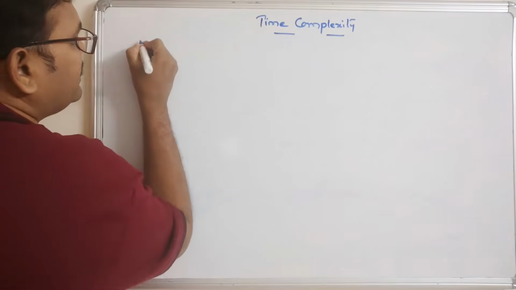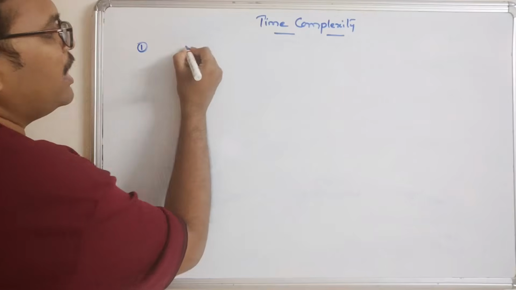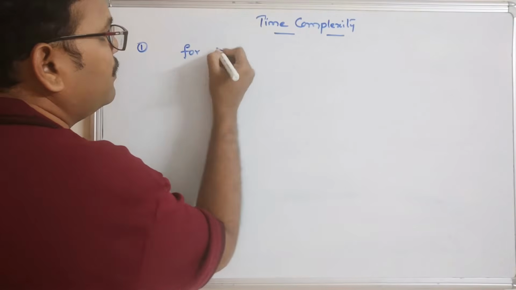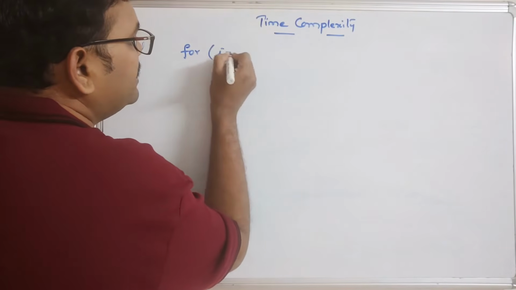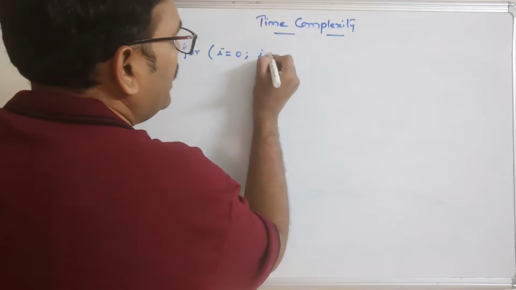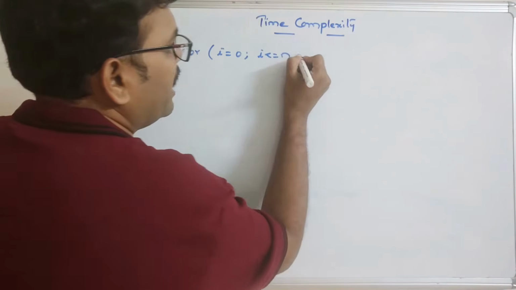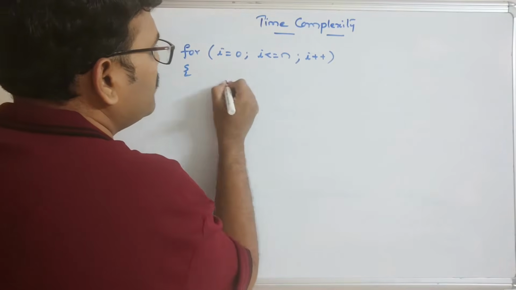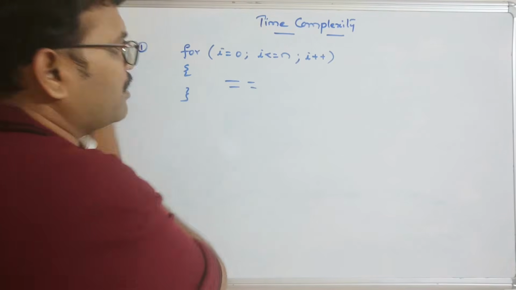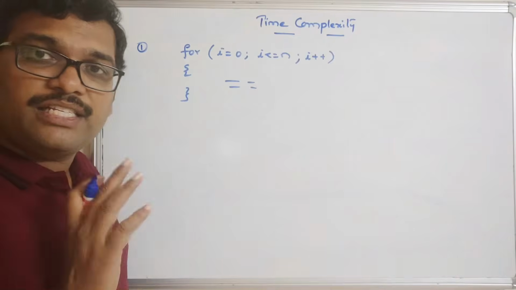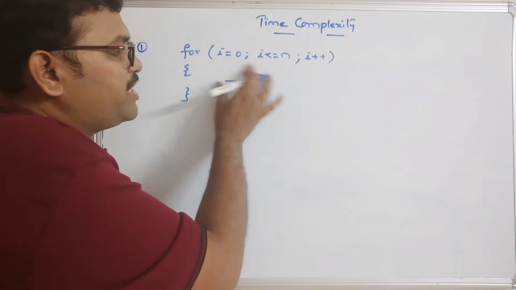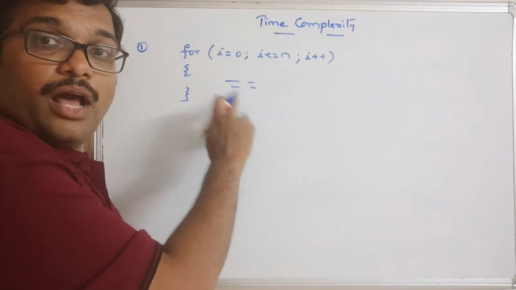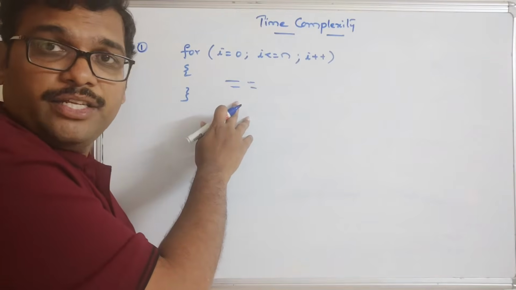So example 1, let us take for i equal to 0, i less than or equal to n, and i plus plus. Let there be some statement here. Now just check. This is the block of statements that needs to be executed. How many times is it going to be executed?